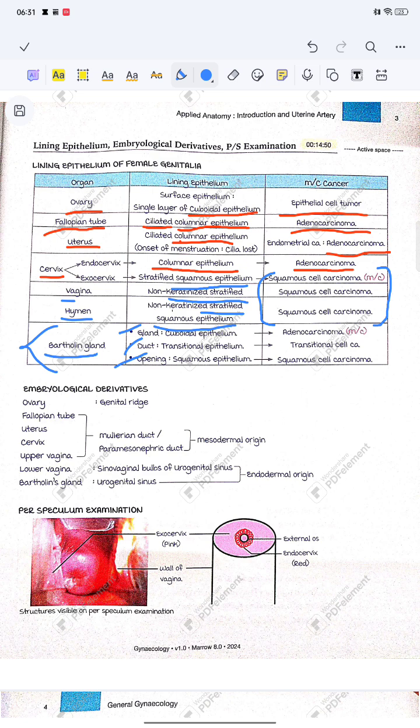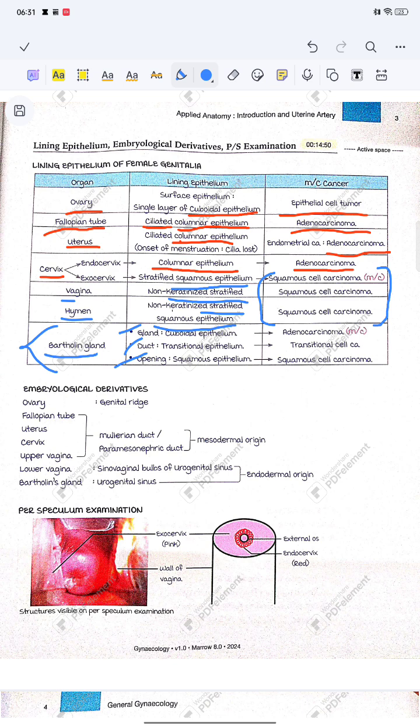So I am revising the whole table once again. We have ovary, fallopian tube, uterus, then cervix, then vagina, then hymen, then Bartholin gland. In the case of the ovary, it has cuboidal epithelium giving rise to epithelial cell tumor. Then the fallopian tube has columnar epithelium, the uterus columnar epithelium, and the endocervix columnar epithelium, giving rise to adenocarcinoma.